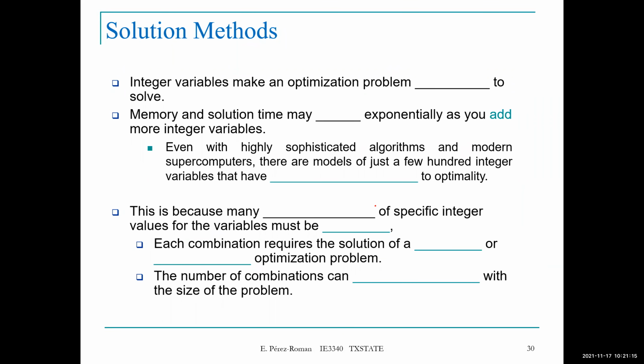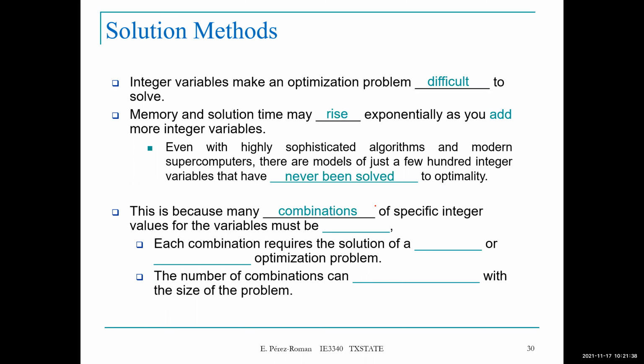Integer variables make an optimization problem difficult to solve. Memory and solution time may rise exponentially as you add more integer variables. Even with highly sophisticated algorithms and modern supercomputers, there are models of just a few hundred integer variables that have never been solved to optimality.